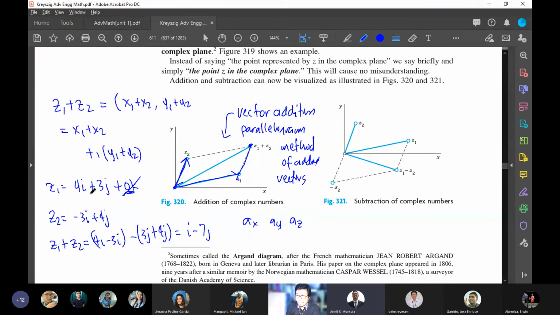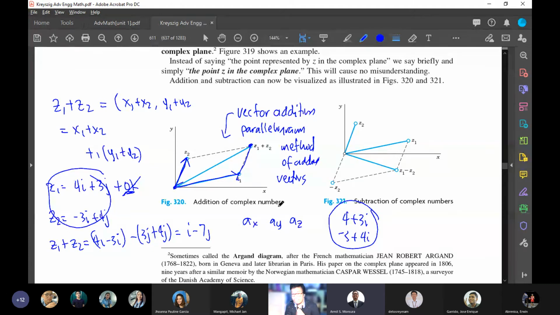So, basically, kung tatanggalin niyo yung notation na yan, gagawin niyo lang siyang 4 plus 3i at saka negative 3 plus 4i. The manner by which you add this is the same manner by which you add this. Kung mapapansin nyo, pareho lang siya.